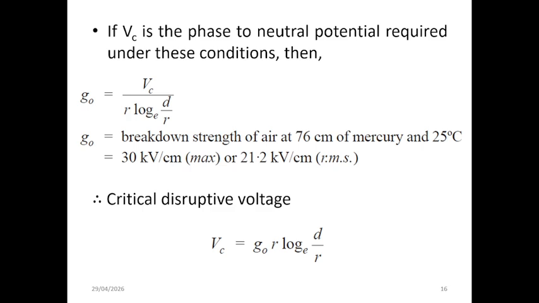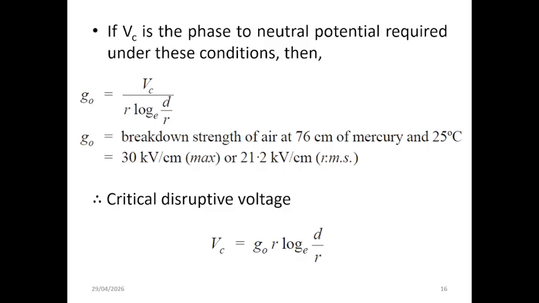If VC represents the phase to neutral voltage required to produce the breakdown condition under standard atmospheric conditions, then corona will just begin to form when the potential gradient at the conductor surface becomes equal to the breakdown strength of air, G0. By equating the surface gradient to G0, the expression for the critical disruptive voltage can be derived.